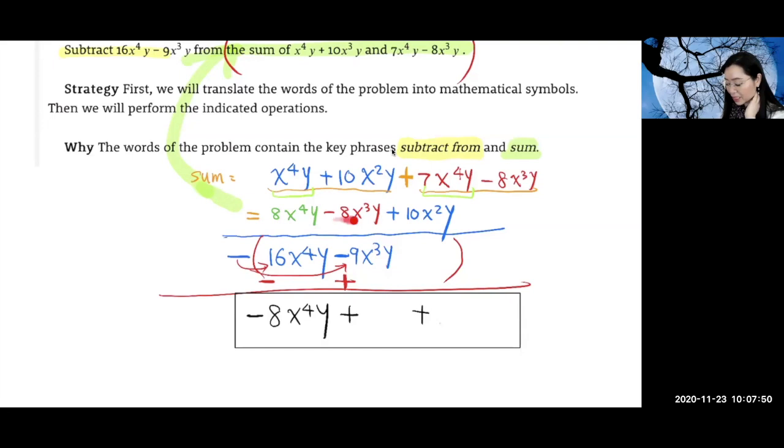Combine these two, what do you get? X cubed y. Negative 8 adding 9 is positive 1. So positive 1 x cubed y. And then the last part over here has no like term to combine. You just copy it down right here.